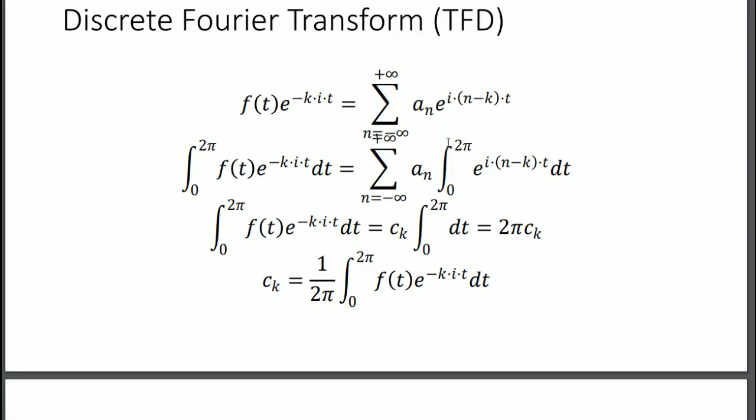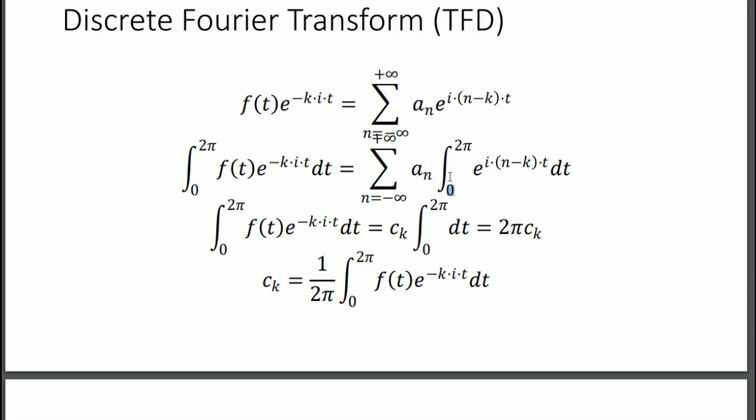When you integrate from minus infinity, you can swap the sum and the integral. And when this part n minus k is not 0, then the integral is equal to 0. And when it's 0, it's the exponential of 0, and the exponential of 0 is 1. So you end up with the integral of 1 dt.